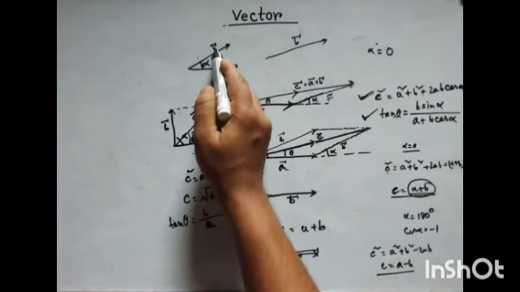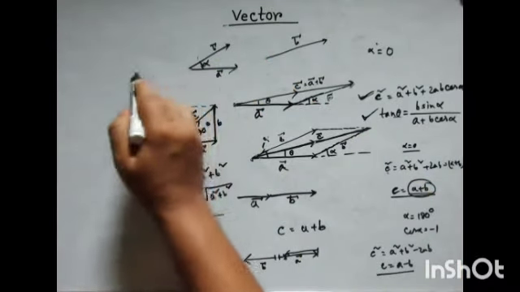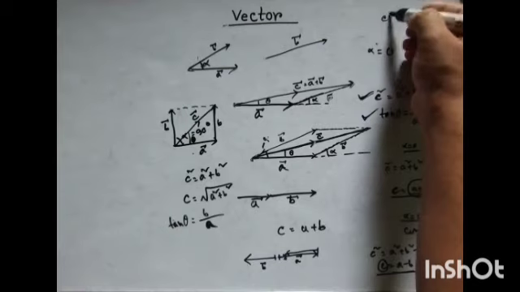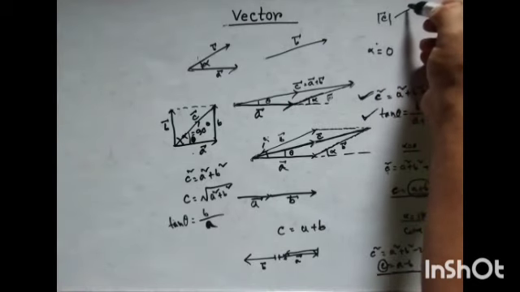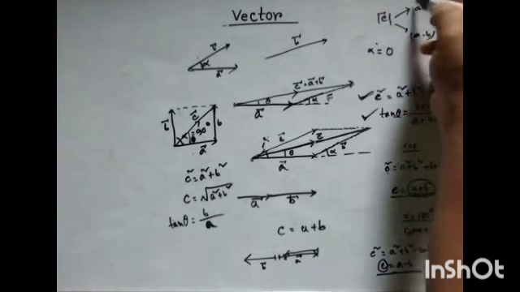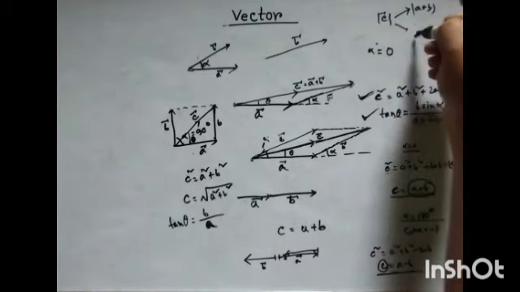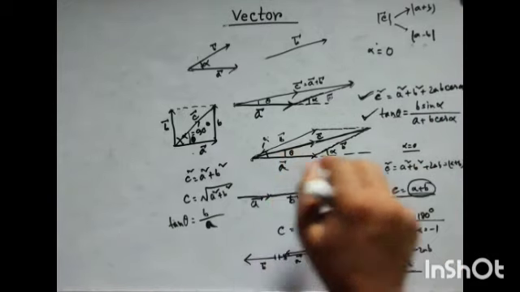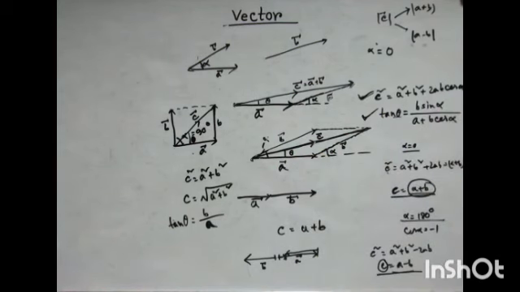When the b vector is in the opposite direction of a, that means when alpha is 180 degree, then c will have the minimum possible value, that is a minus b. So magnitude of c will vary from a minus b to a plus b, and it is actually mod a minus b, because a can be smaller, b can be larger, so it will always be the difference between the magnitudes of the two vectors.